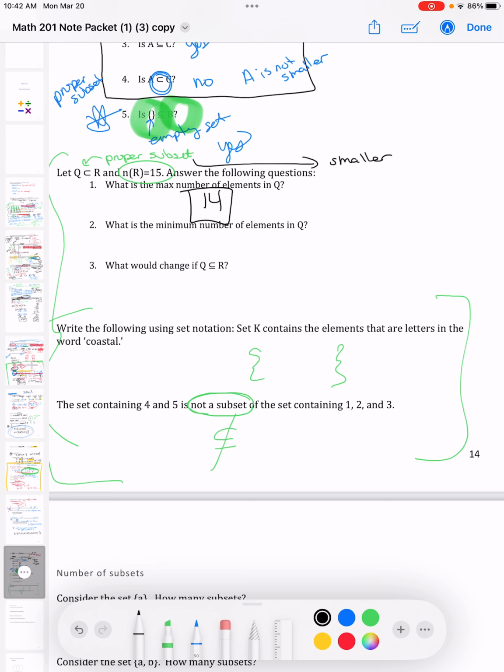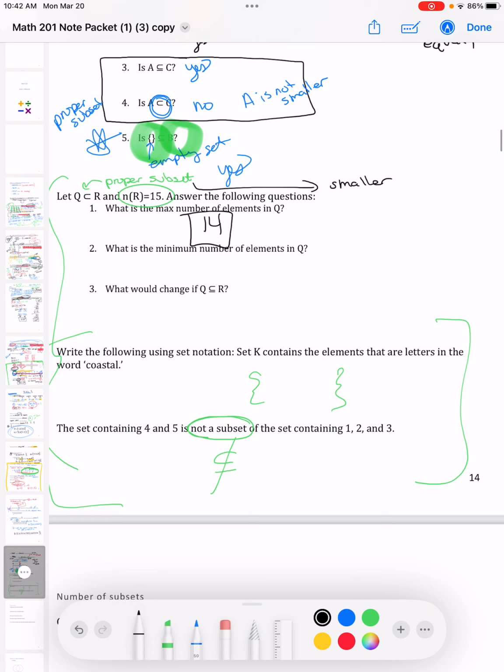Now, I don't know how many we have, but I do know that the empty set is a subset. It's also a proper subset. So I could have none. I could have no elements in Q, and that would also work. So to be a proper subset, you could have anywhere from 0 up to 1 less. So 0 up to 14.